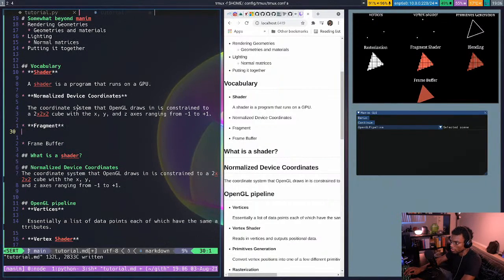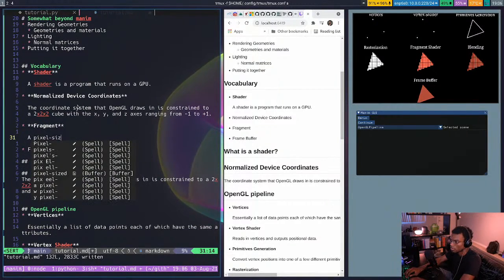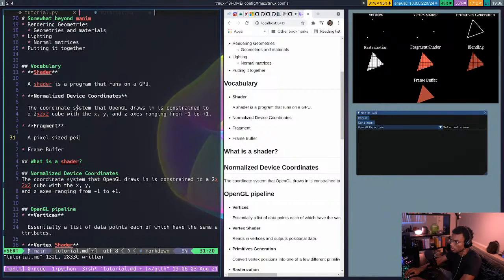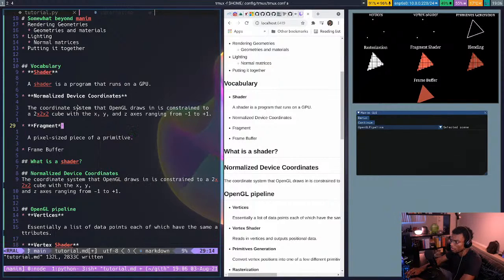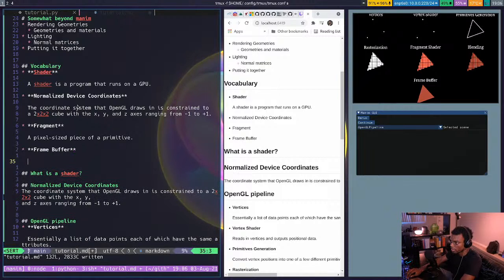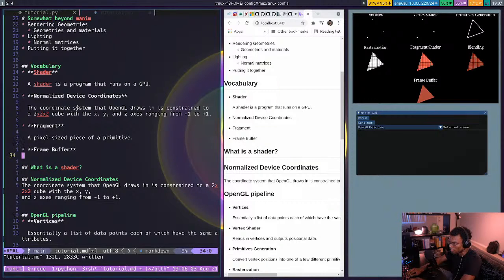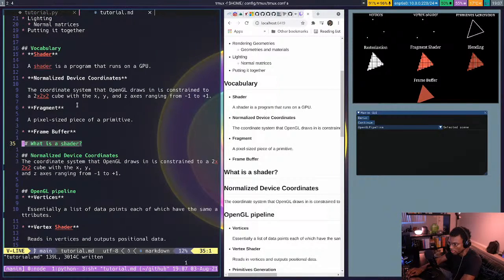I should just write out all of these. Primitive. Like the definition of shader. Thanks, I came up with it all by myself. Only probably not. I don't remember where I came up with that, or how I learned it. So I don't have a good definition for frame buffer yet. I'll leave that blank right now.